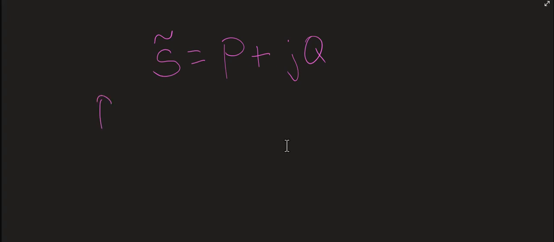Okay, so the other thing that is true is that your complex power equals your real power plus J times your reactive power. So P is real power. It's also average power.